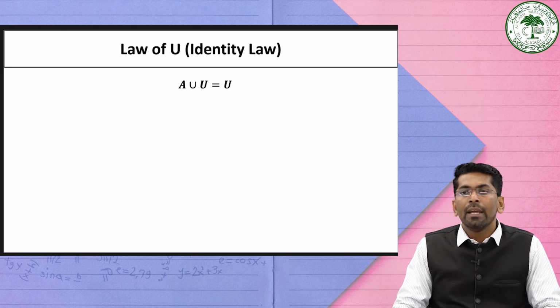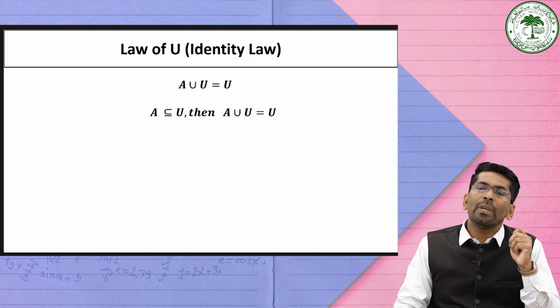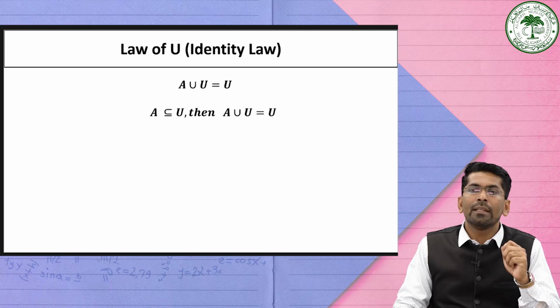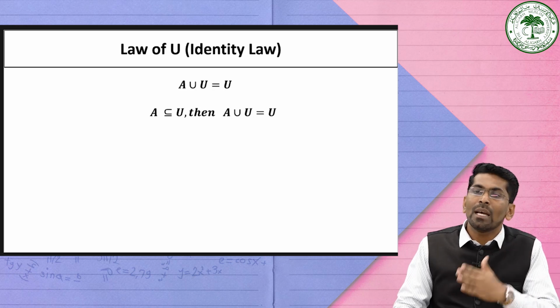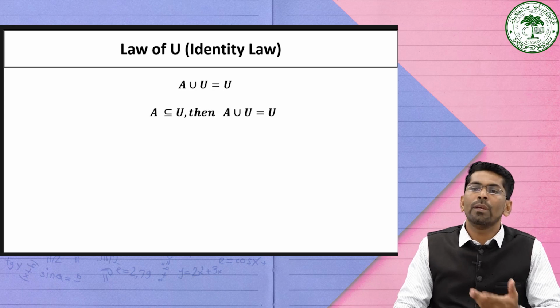Mathematically, if A is a subset of the universal set, then the union of A and U is equal to the universal set. This is because the union of any set with the universal set includes all the elements from both sets, but since A is a subset of the universal set, no new elements are added to the universal set.